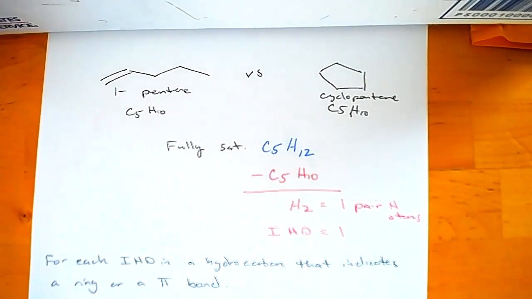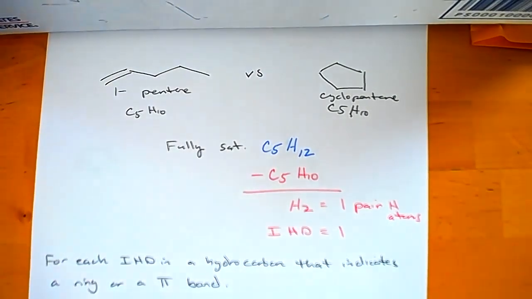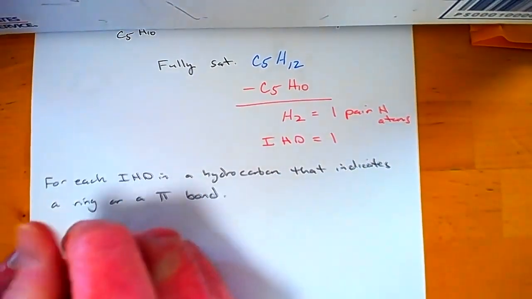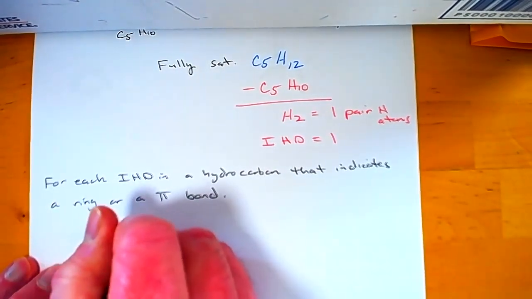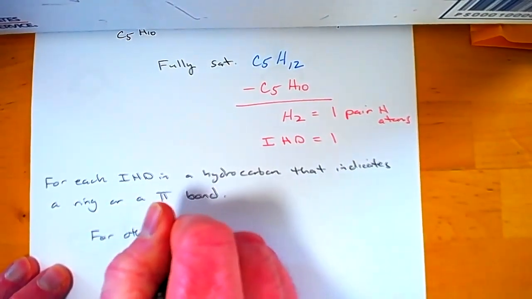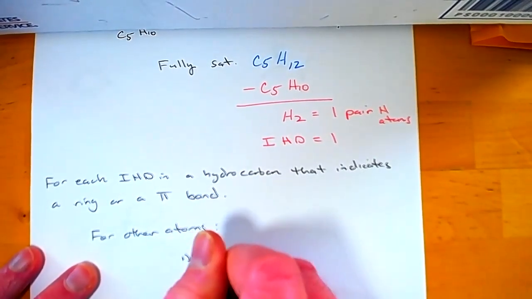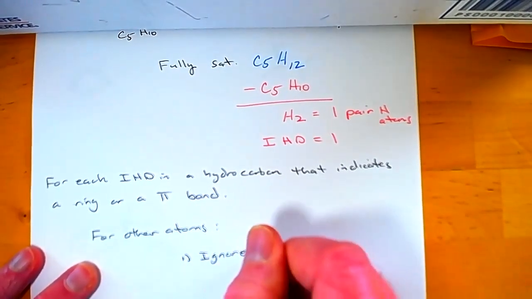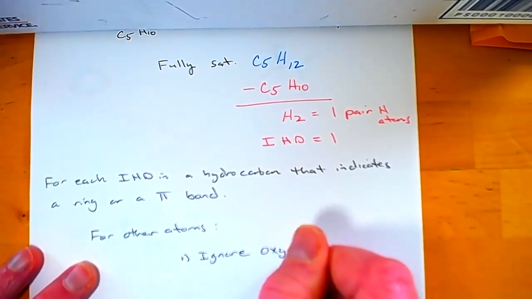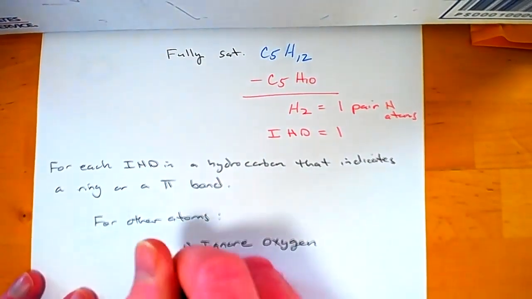Now, obviously, not everything is a hydrocarbon. So for other atoms of interest that we're going to be looking at here, if the molecule contains oxygen, you can just ignore that oxygen and act like it's not even there.